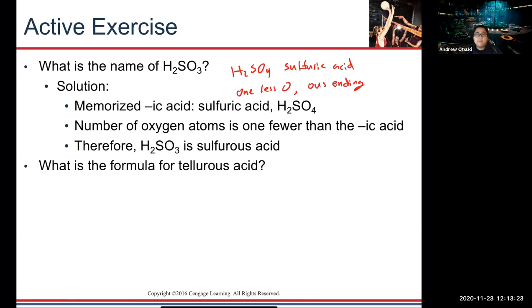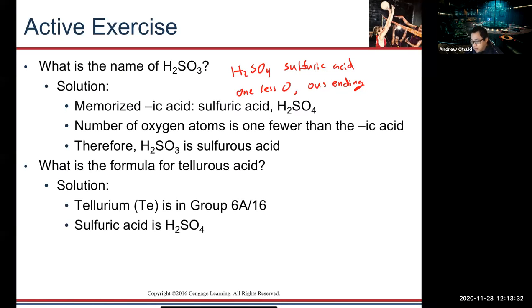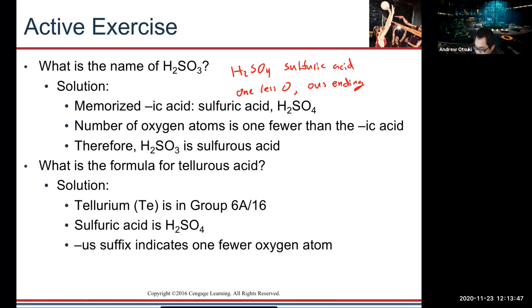Okay, so how about tellurous acid? Well, tellurium is in the same group as sulfur, so it's the same family as sulfur, right? So it looks like sulfuric acid, except the S is a Te. The OUS refers to one fewer oxygen atom, so this should be OUS. Sorry about that.